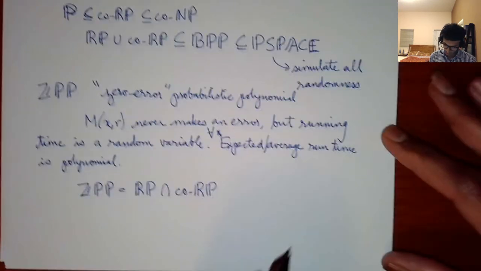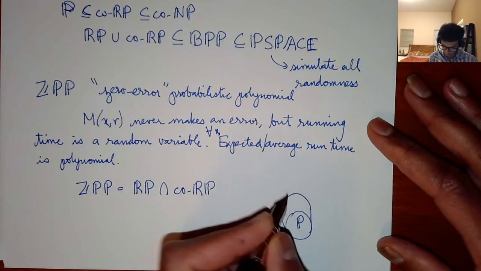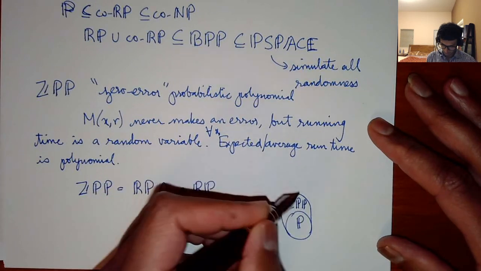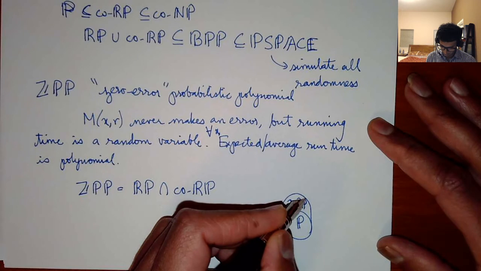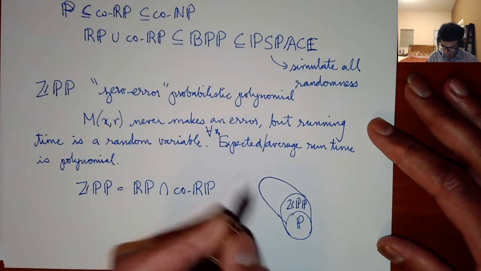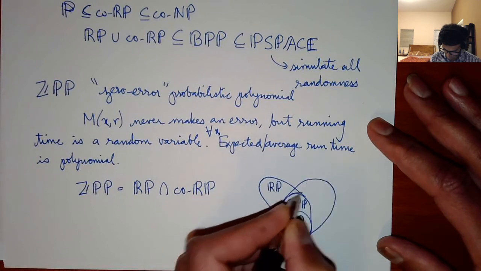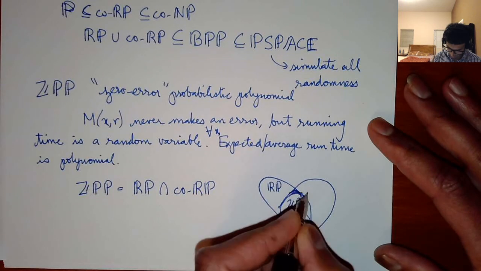Okay, so just to draw a picture, here's P. That's ZPP. And that's RP. So there's actually nothing there. So this is co-RP.